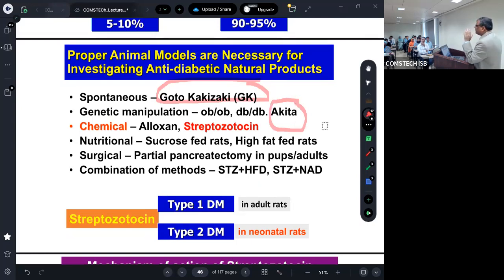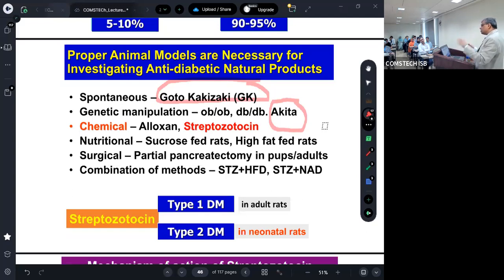And sometimes we call it chemically induced. The most used chemicals are alloxan and streptozotocin. If you give these, you destroy the beta cells and make diabetes. Sometimes we use a sucrose-fed or high fat diet, making the animal obese to make diabetes. Sometimes we partially cut the pancreas.